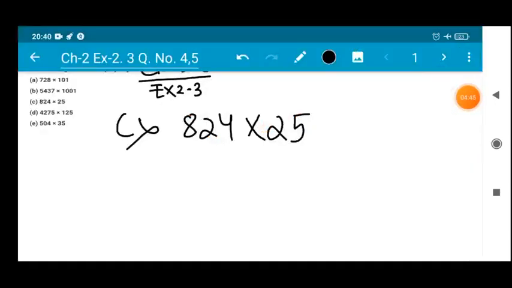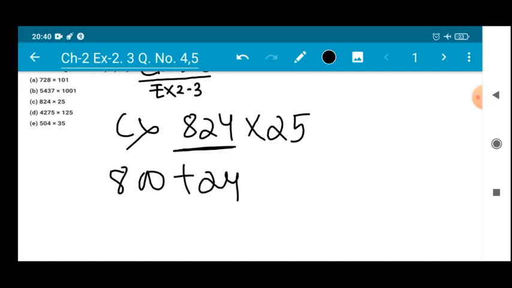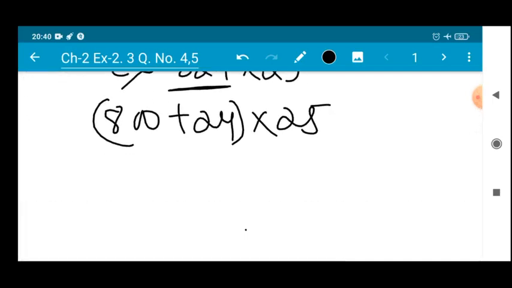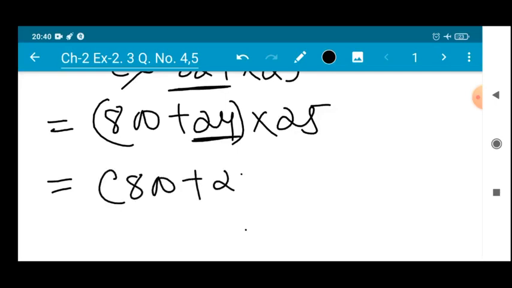Here we don't have 100, here we don't have 1000. So here what I'm going to do is, I will break this number 824 into 800 plus 24. Now when you multiply 824 into 25, you'll get the answer directly, but I will be doing something extra which you'll like. Just see, 800 plus, if I break 24 as 25 minus 1, will that be okay?